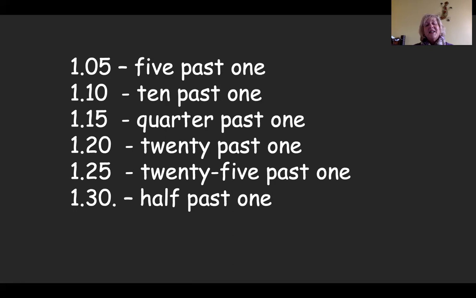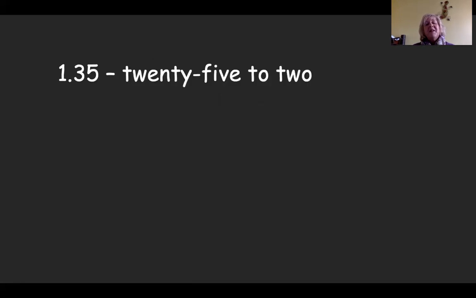And we don't get to the 2s until just after 1:30, 1:31, 32, 33, and then we start on the 2s. So 1:35, 25 to 2. Very difficult, that one. 25 to 2. And 1:40 or 20 to 2. Should have chosen a different number.